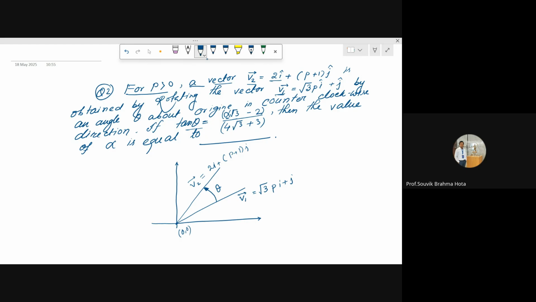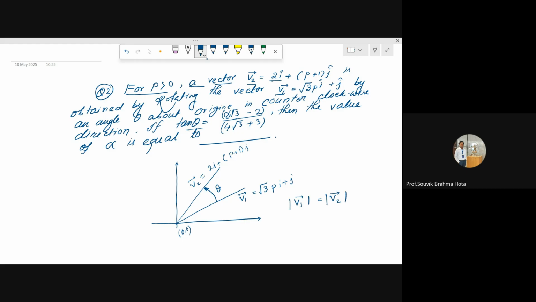That is the first concept you should remember, because you are obtaining v2 by rotating v1. So something you are rotating and getting another thing, naturally their scalar part, that means their magnitude, is the same. So modulus of v1 is equal to modulus of v2. That is the first concept to understand.